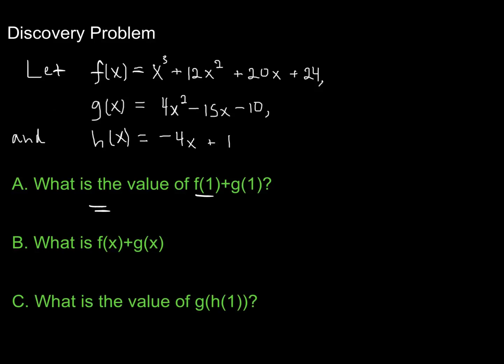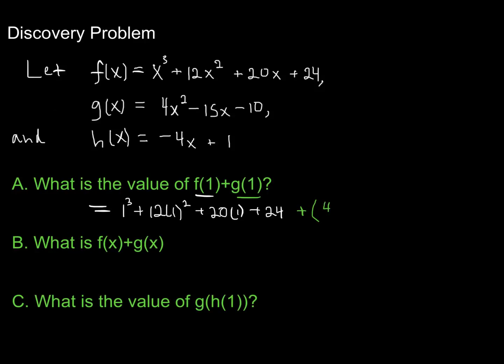Well, f of 1 will be 1 cubed plus 12 times 1 squared plus 20 times 1 plus 24. What about g of 1? Well, I'm adding it to whatever f of 1 is. I'll put this in parentheses just to remind myself I'm adding all of it.